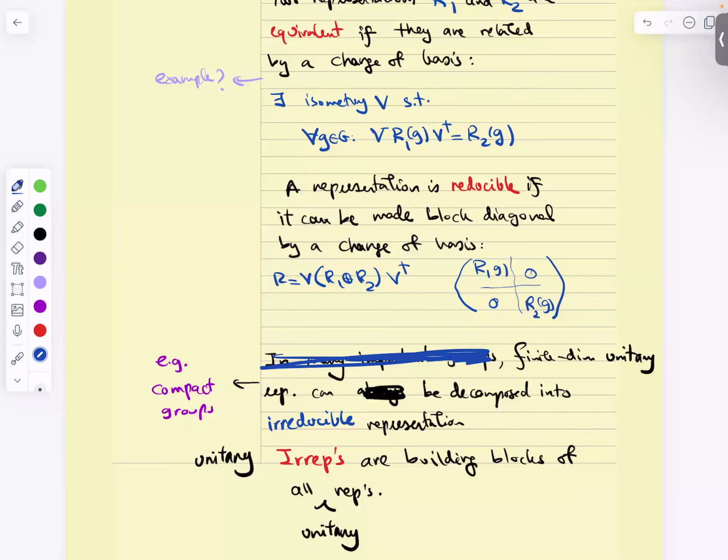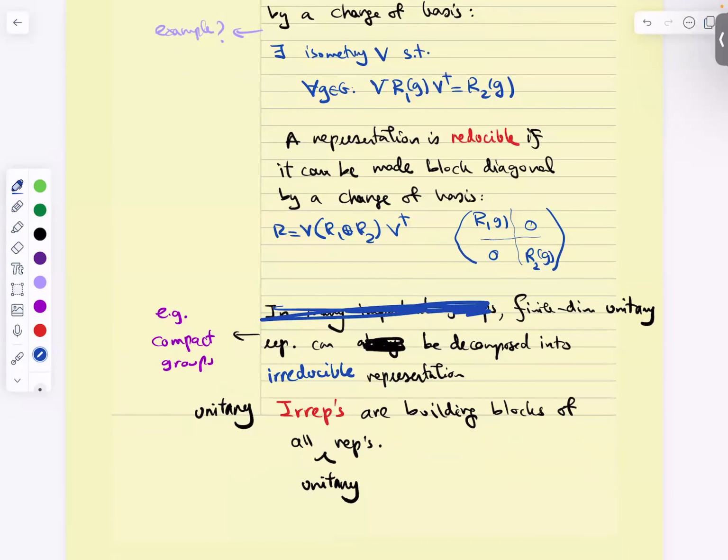Any representation that's unitary for a compact group can be decomposed into irreducible representations. Decomposed means up to unitary equivalence, but written as a direct sum. Therefore, irreps are the building blocks of all unitary representations.